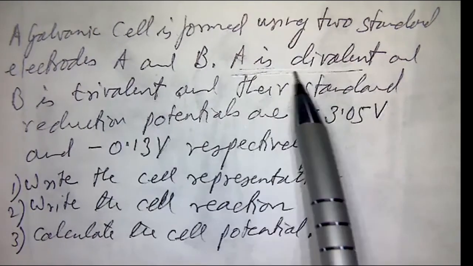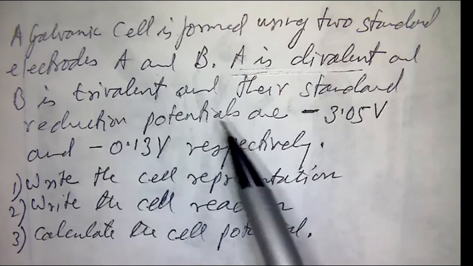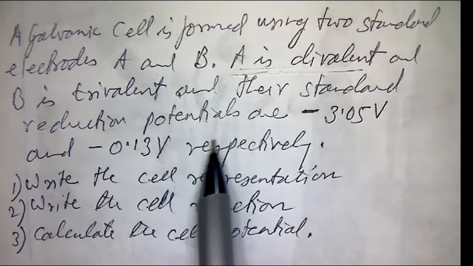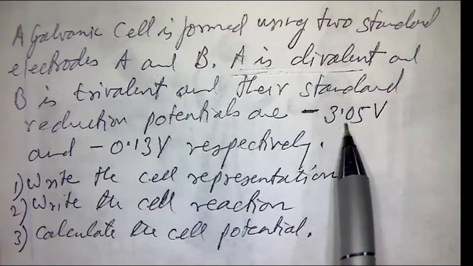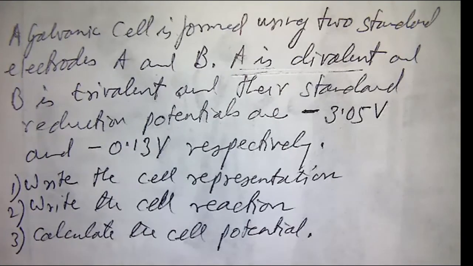Means A valency is 2 and B valency is 3. Clear? And the potentials are given this and this. So out of these two, which is higher?